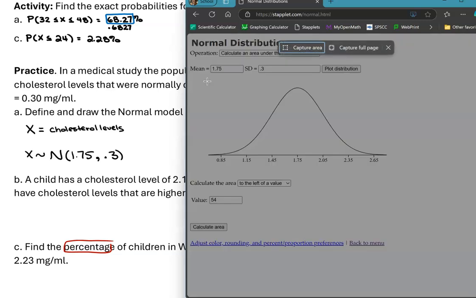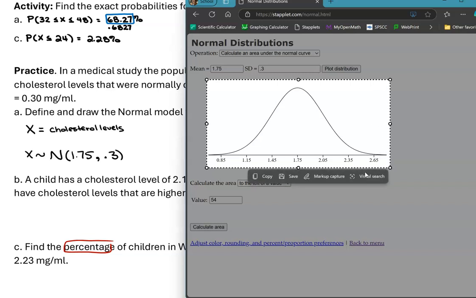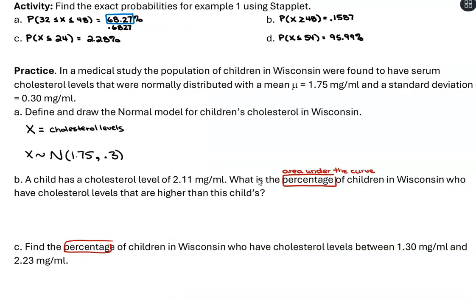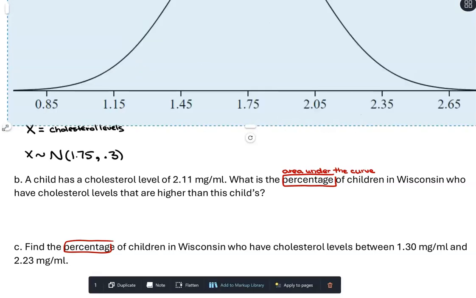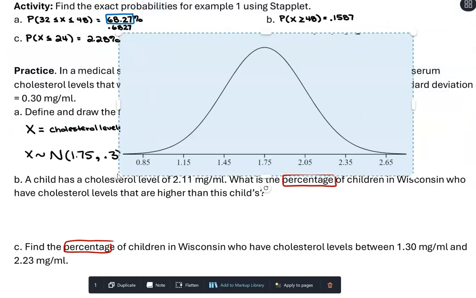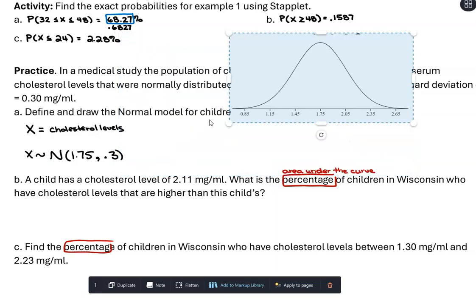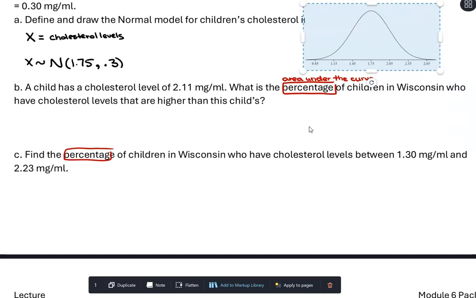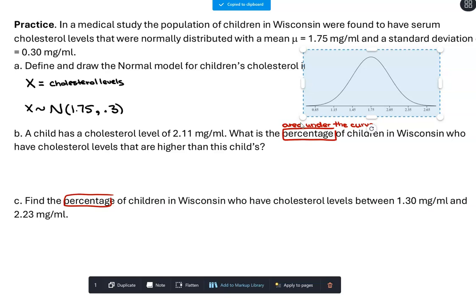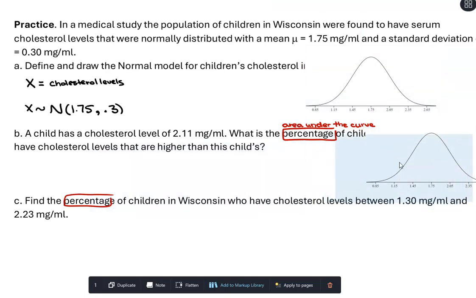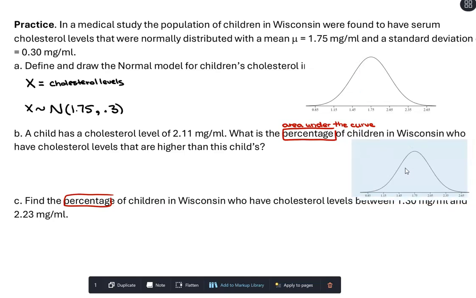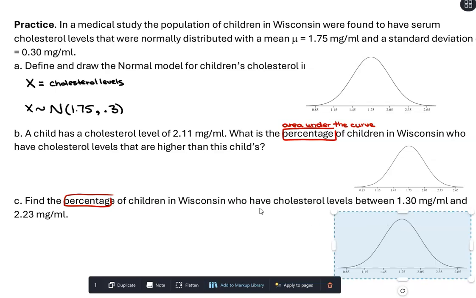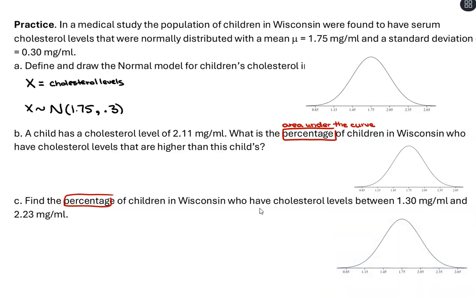I'm going to take a little screenshot of it and put that in my notes. And what can be helpful about having the picture is you can use it to help draw sketches for each question so that you know your understanding is matching up. So I might even copy and paste a few of these so that I can use them to help answer the questions. All right, so we're all good for part A there. We defined our distribution, we have a picture to work with.